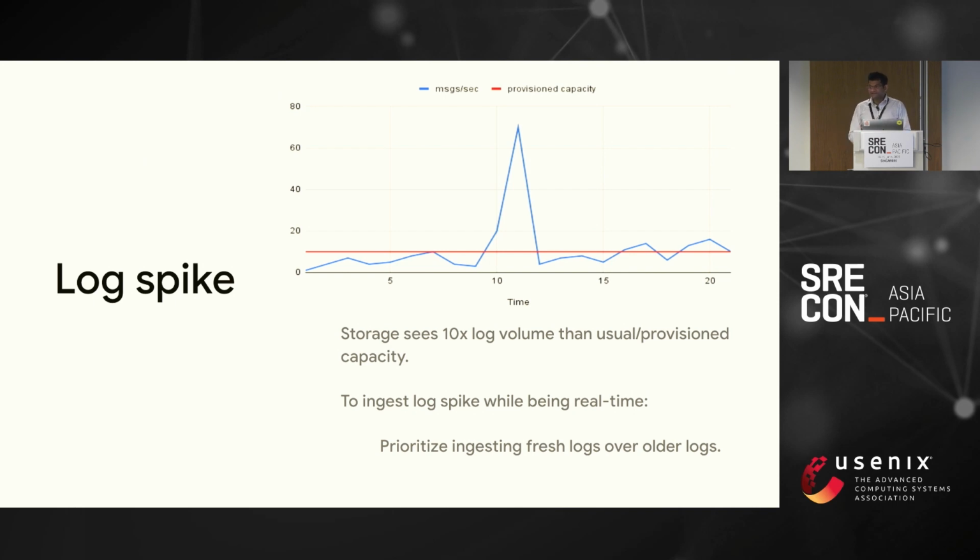The reason is, let's say you have a log spike, you already know what the issue is. You fix the issue, and from the fresh logs you'll know whether you fixed the issue or not. By prioritizing indexing fresh data over older data, Kaldb, or any system for that matter, can provide you real-time visibility into your system.